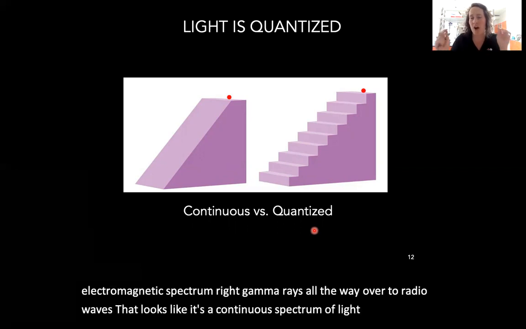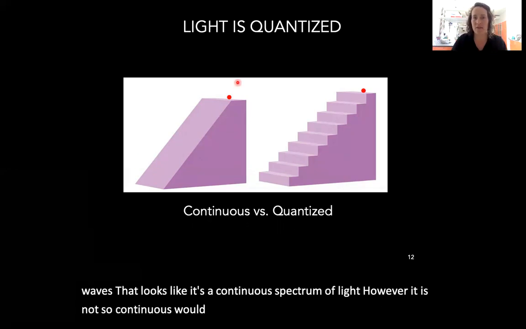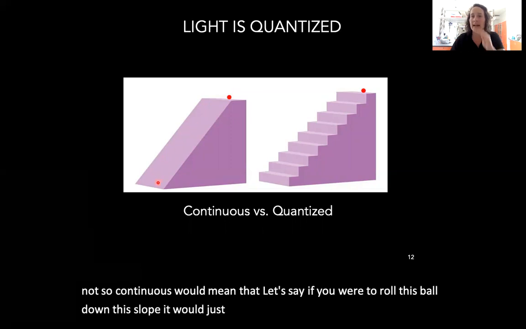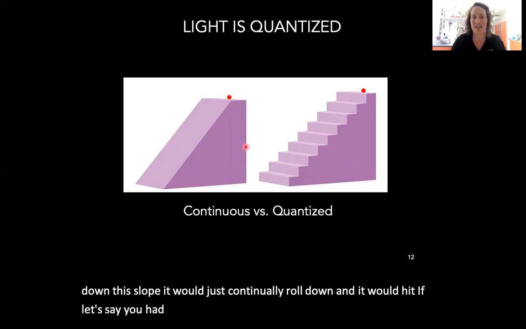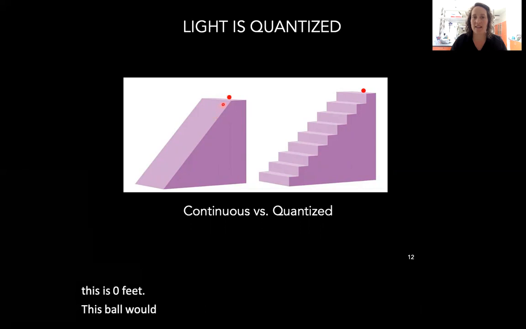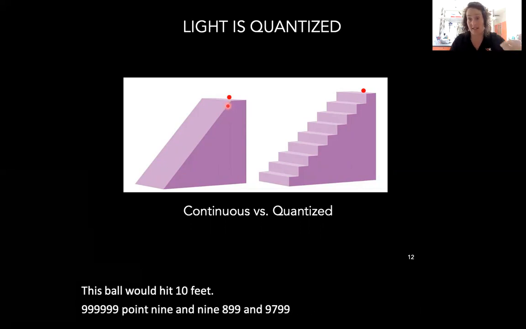However, it is not. Continuous would mean that if you were to roll this ball down this slope, it would just continually roll down. Say this is 10 feet and this is 0 feet, this ball would hit 10 feet, 9.9999, 9.99998, 9.99997, 9.99996. This is continuous.